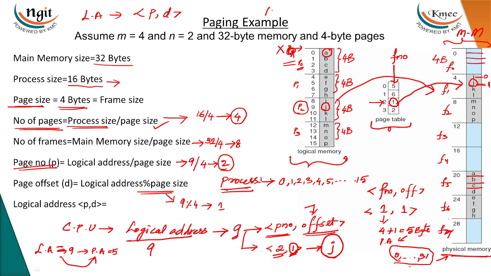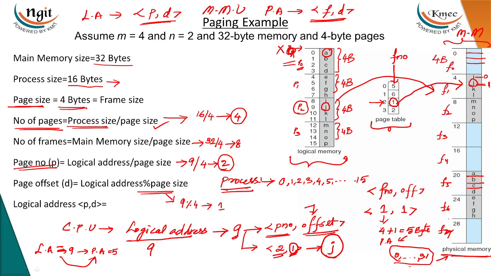The physical address is again divided into two parts, the frame number and offset, where D means displacement. This conversion of P, D to F, D we will call address binding. The CPU generates the logical address, and it is the responsibility of the memory management unit to convert the logical address to the physical address.